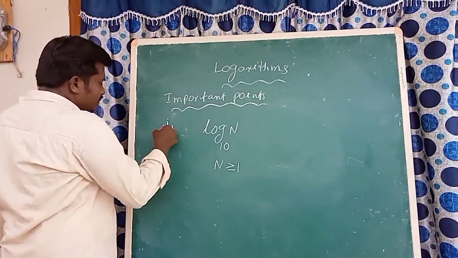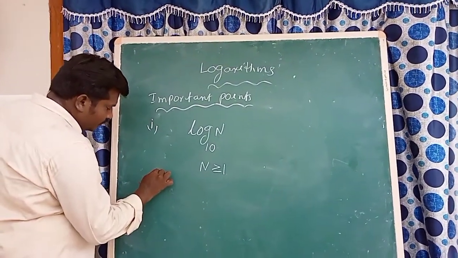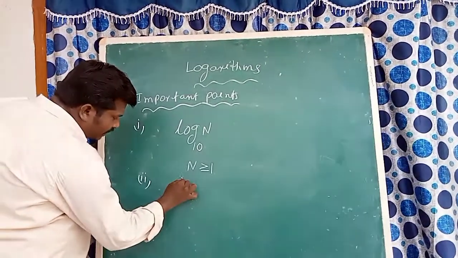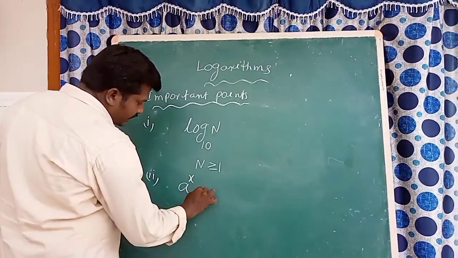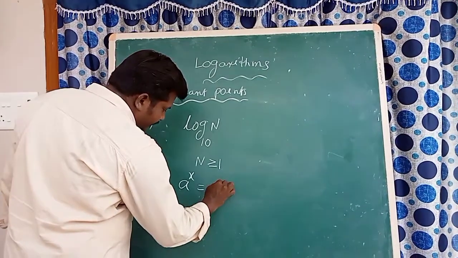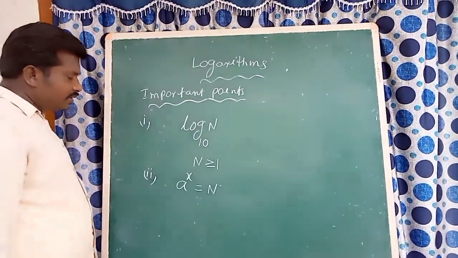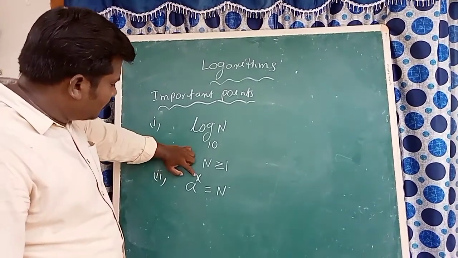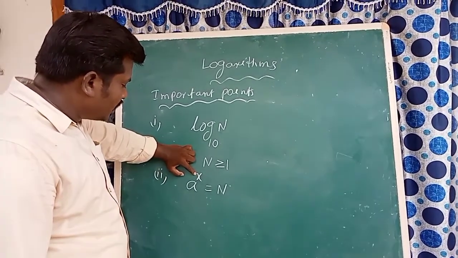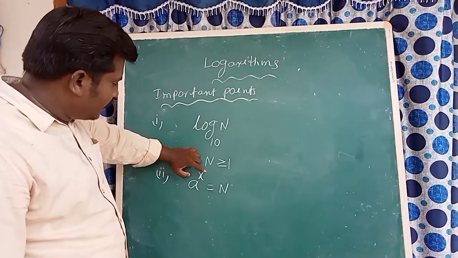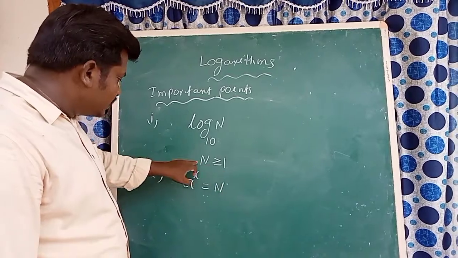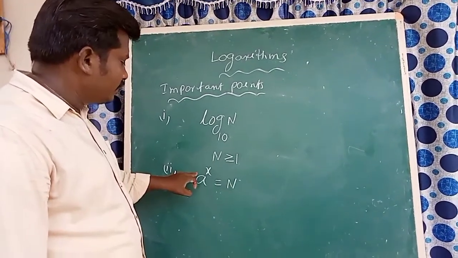Okay, and the second point is, for example, a power x is equal to n. That means here a is the base and x is the index or power. A power x value is nothing but n. This is the exponential form.